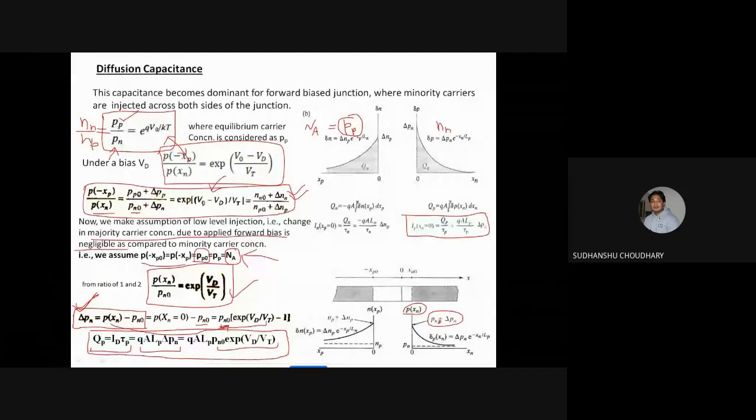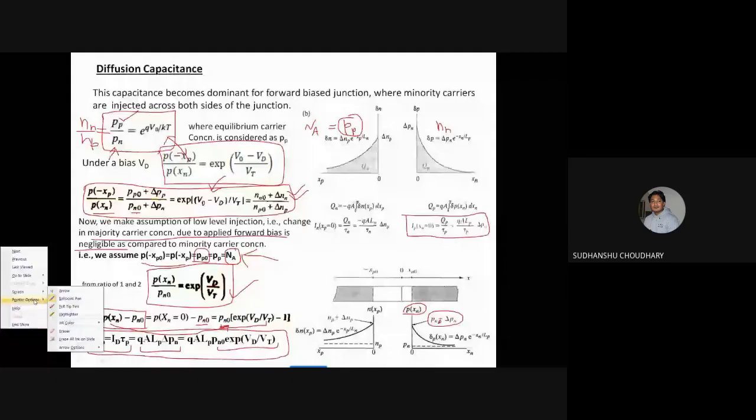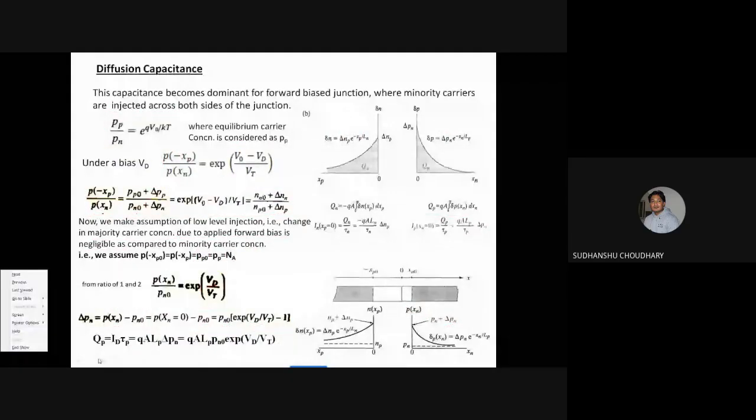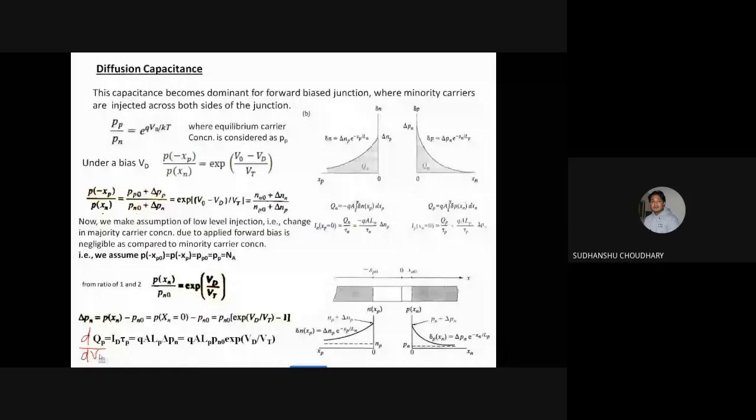Now, due to this charge, we said that we have to take a derivative of this Q with respect to the applied forward bias. So if we take a derivative of this QP with the forward bias, we can find out the capacitance C due to minority carrier injection on the N side.